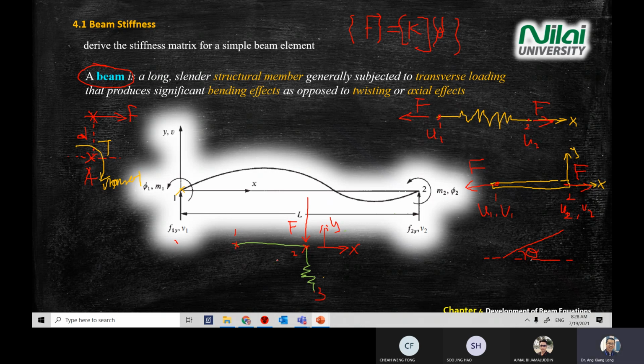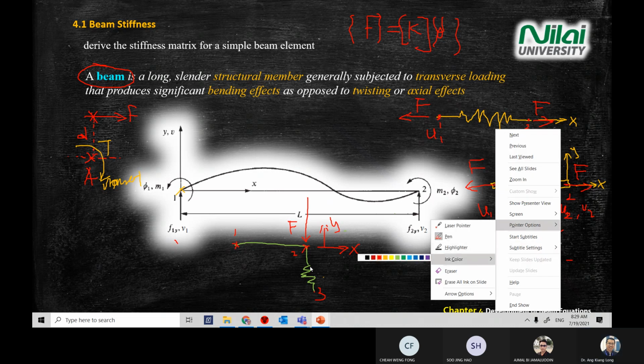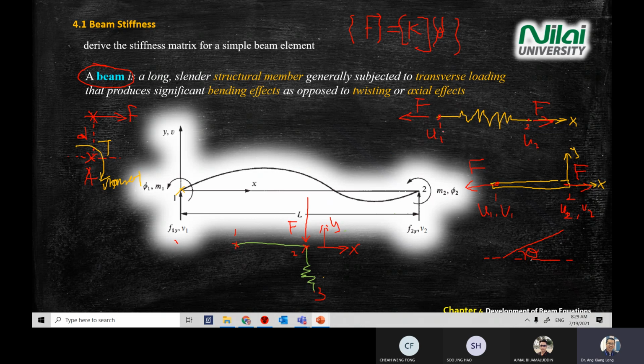When you process the spring in this scenario, you pull this spring out, it acts only on the y-axis. So it only has one direction, along the body of the spring.